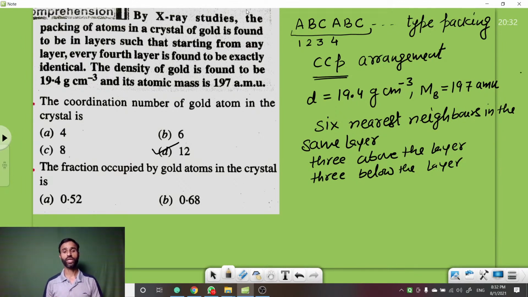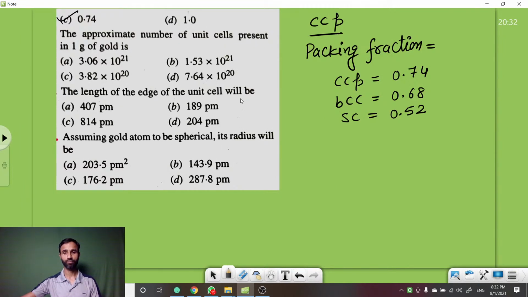So the fraction occupied by the gold atoms in the crystal is 0.74. Now, the approximate number of unit cells present in 1 gram of gold. First we calculate the number of gold atoms in 1 gram of gold.